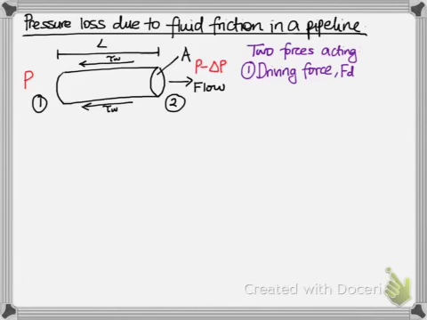Now, we have the driving force going in one direction, but the system is in equilibrium. So we're going to have an equal and opposite force going in the opposite direction caused by the shear stress, and we are going to call that the retarding force, abbreviated as FR.